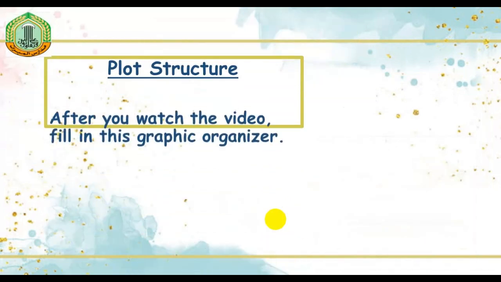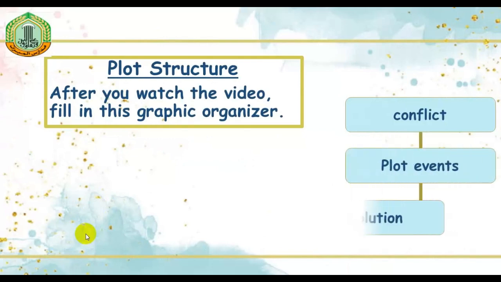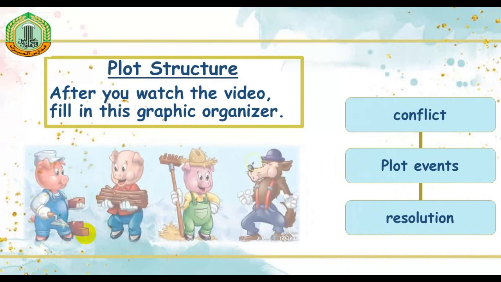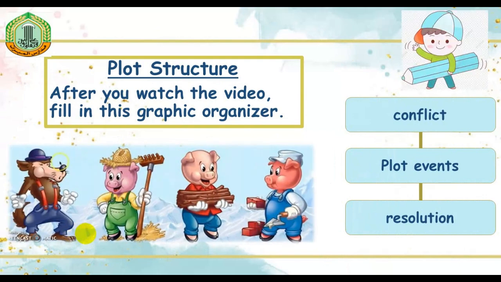After this, you have to fill in this graphic organizer. At this point, I want you to pause the video, go watch the story of the three little pigs and the big bad wolf on the YouTube, and then apply this with the conflict, plot events, and resolution. When you're done, replay the video to check the answer and to proceed with our lesson.